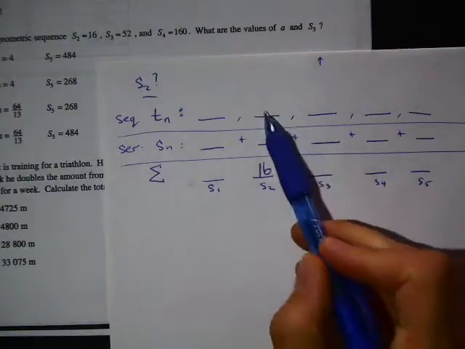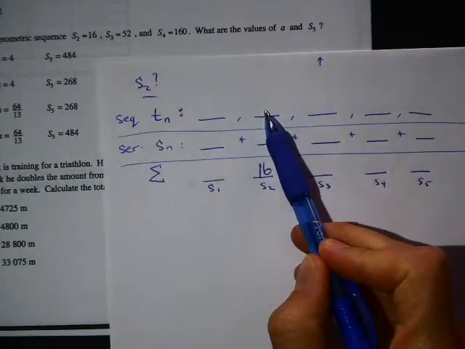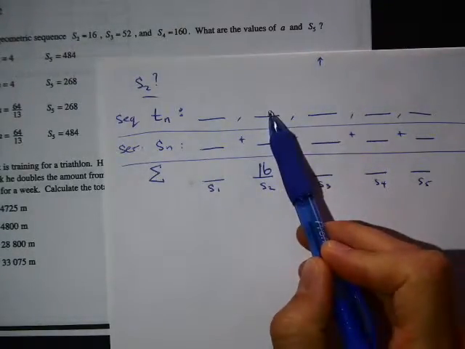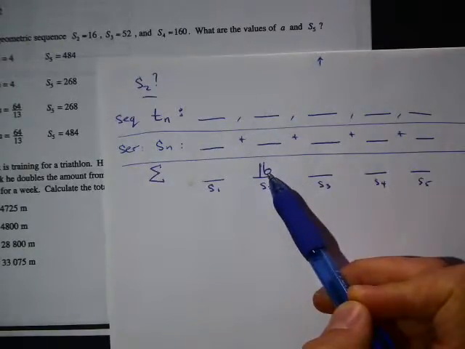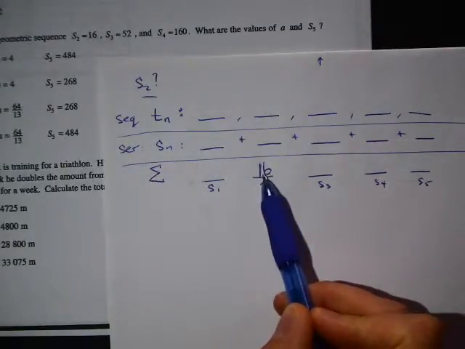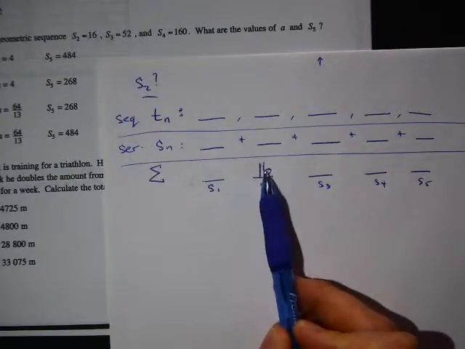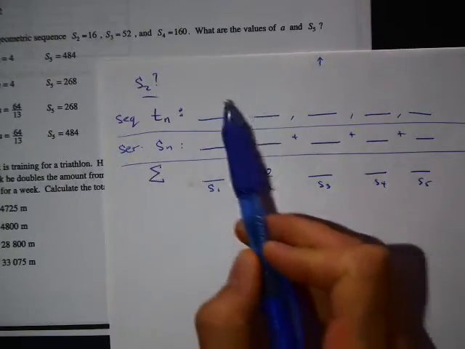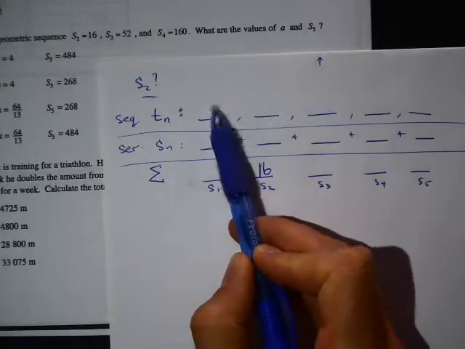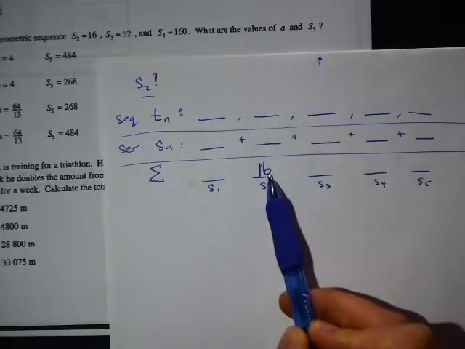Is 16 also T2? No. How do we build this? The sum for the second is all of this one plus whatever value is in the second spot. So it's really blank 1 plus blank 2 equals S2.